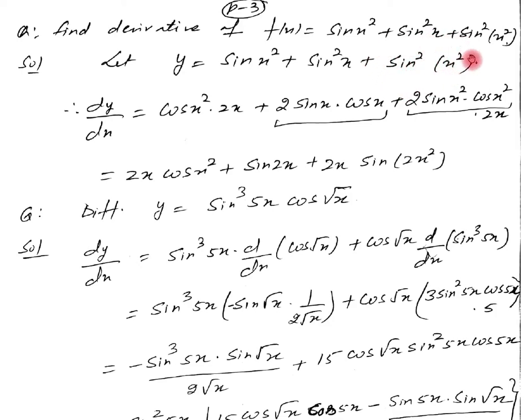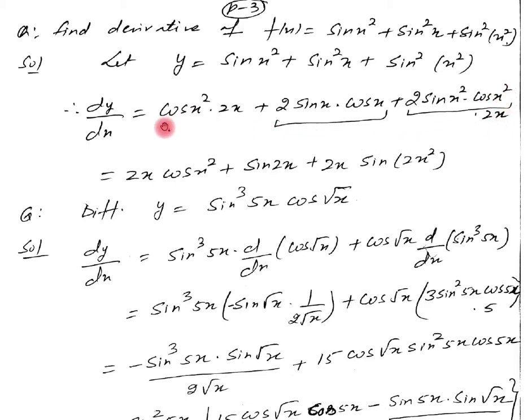It means the chain of 3 functions is there. One is the whole power, another is sin, and the last one is x square. So first we have to take the power 2 as it is. Now it is 2 sin x square, because 2 minus 1 is 1, 2 sin x square into next the derivative of sin, which is cos x square. Then the derivative of x square is 2x.